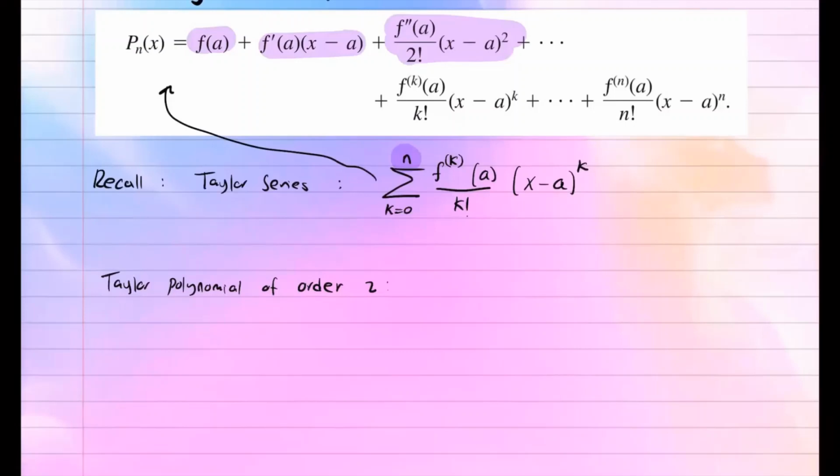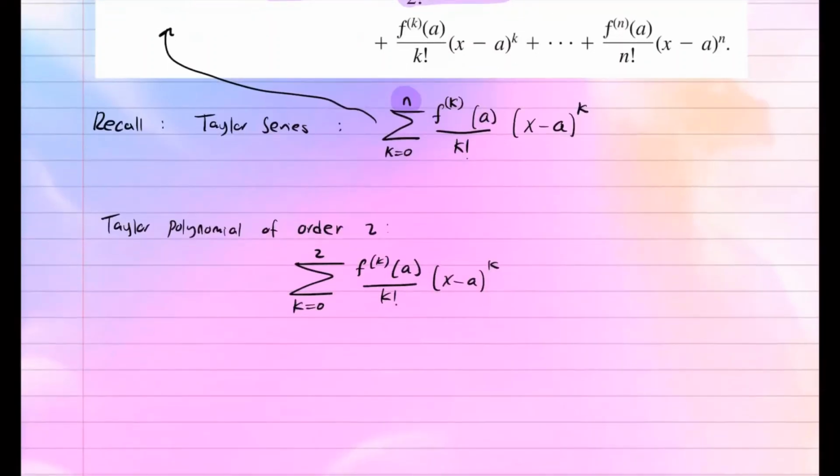So that determines your order or the degree. So if you were to expand this summation, what you're really doing is summing up from k equals 0 all the way to 2 of f to the kth derivative evaluated at a over k factorial times x minus a to the k power. So we're only going to sum up to 2. So k is going to go from 0, 1, and 2.